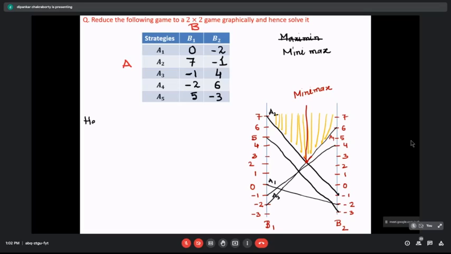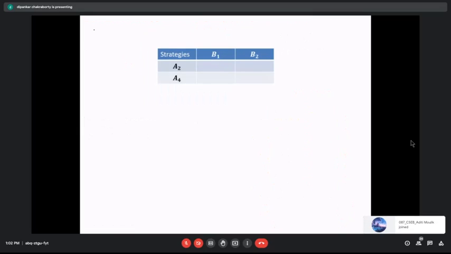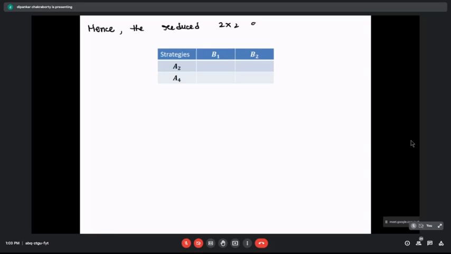So hence, the reduced 2 cross 2 game is given by this.